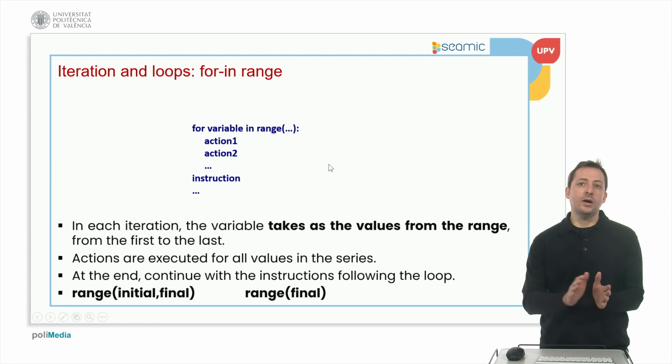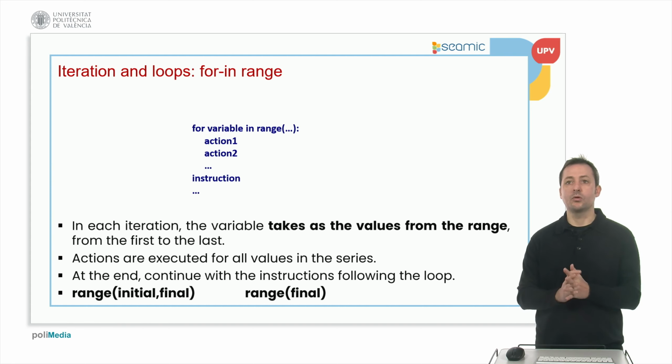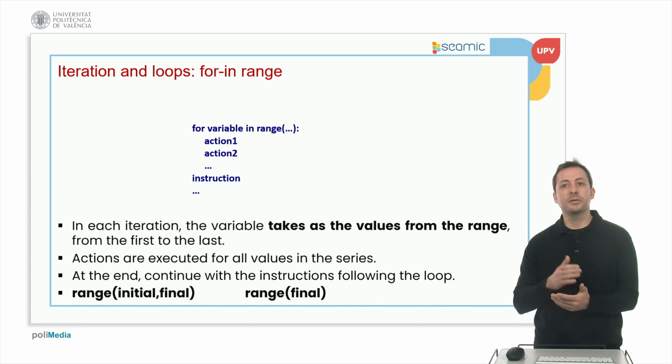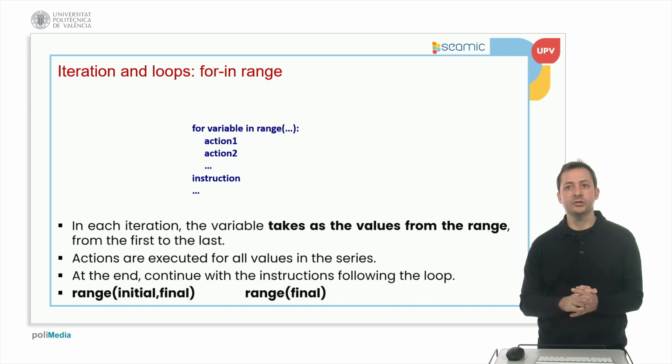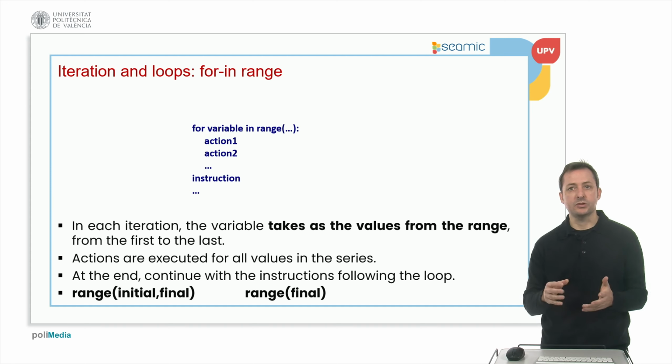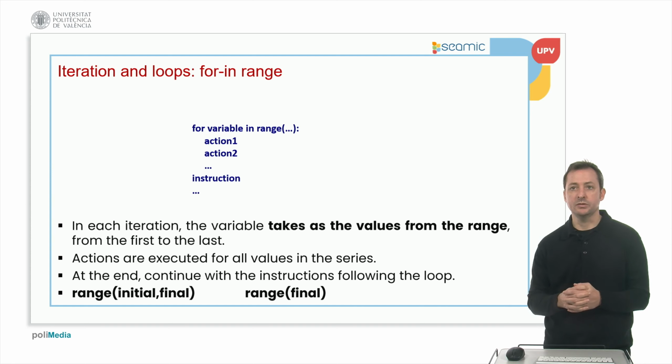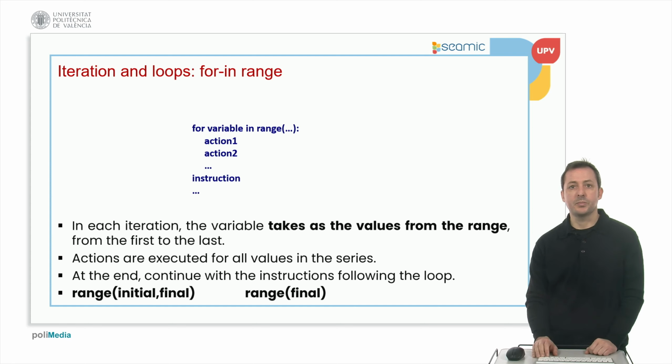Well, this is one of the ways of using the for loop. There are other ways, such as this one. We want to repeat some instructions several times, and we know how many times we want to repeat them. This is another typical structure that is used when programming.